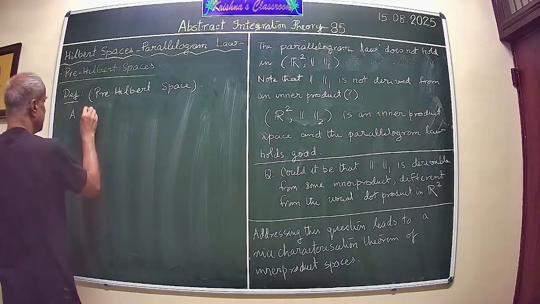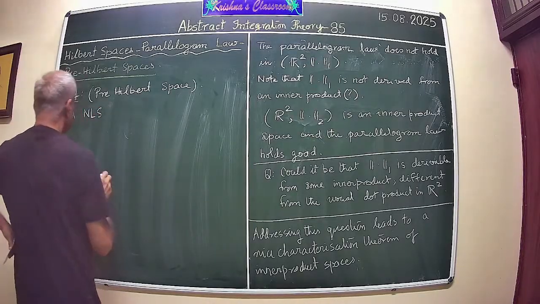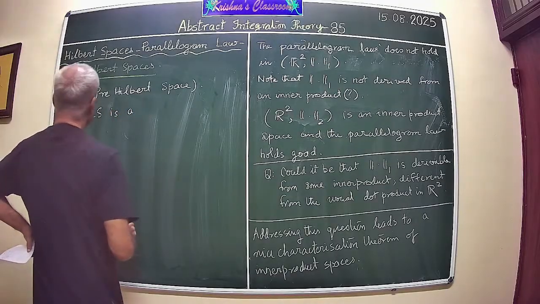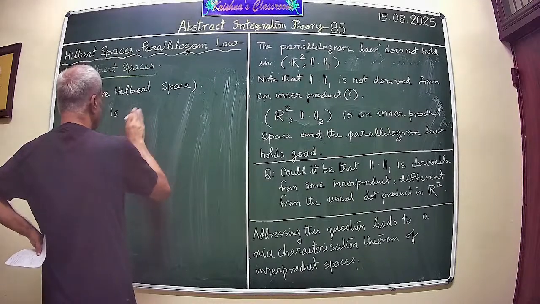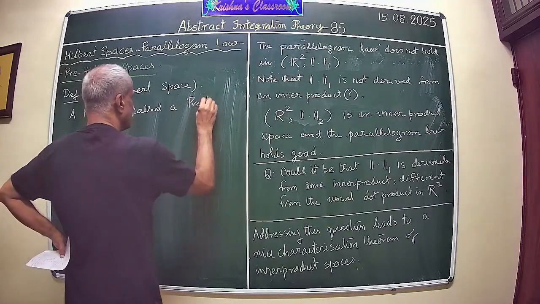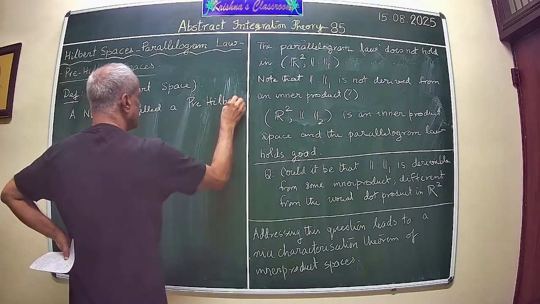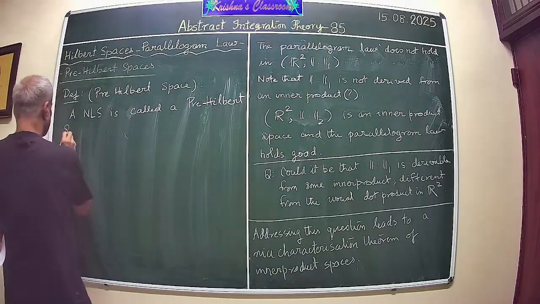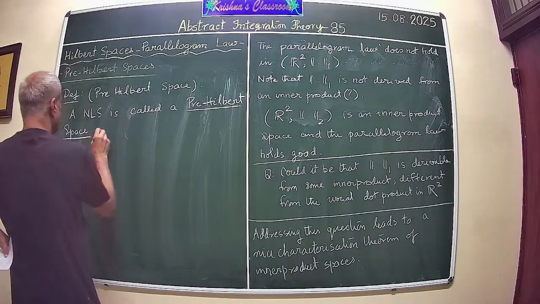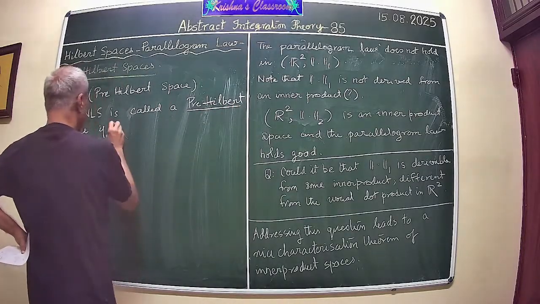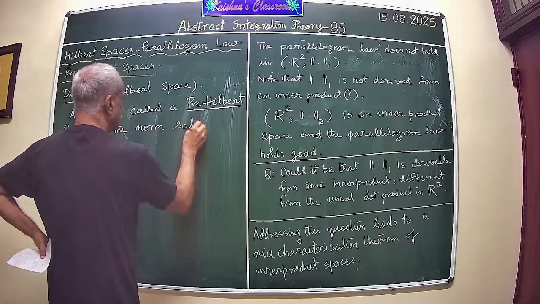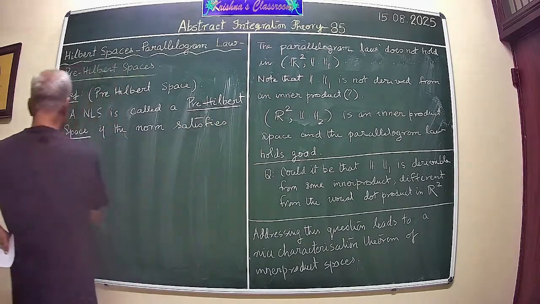A normed linear space is called a free Hilbert space if the norm satisfies the parallelogram law.